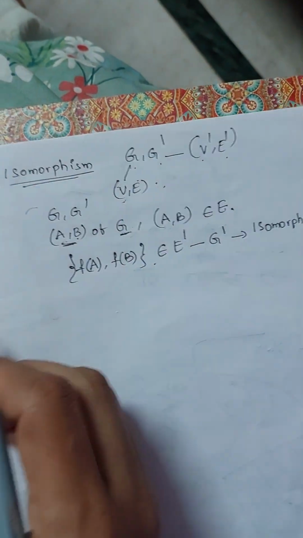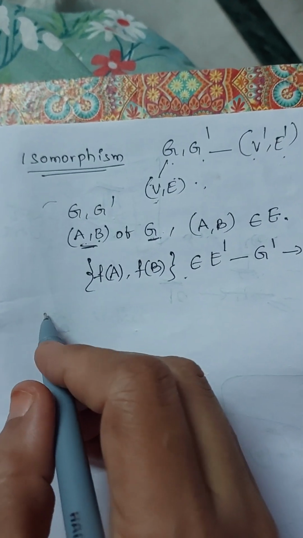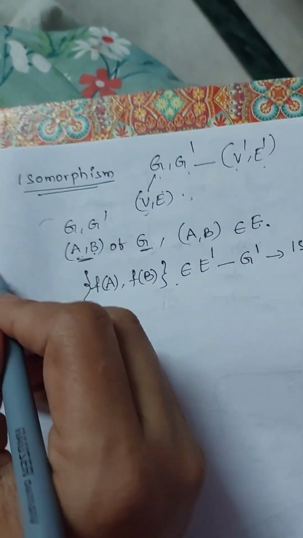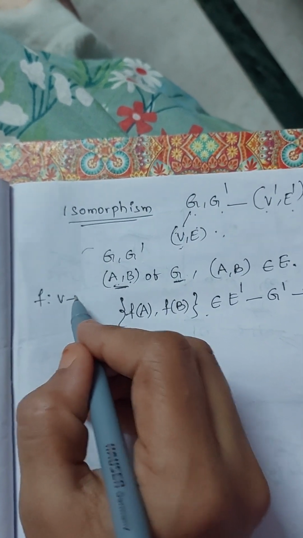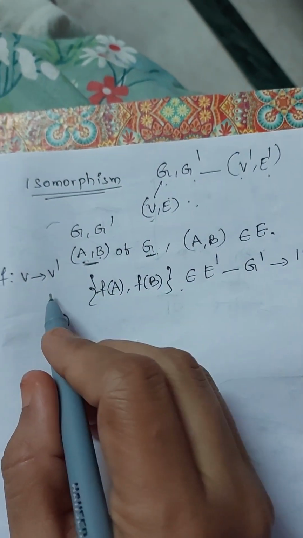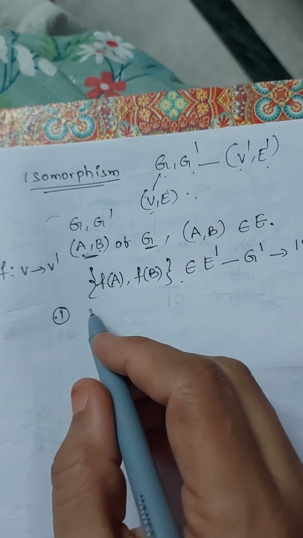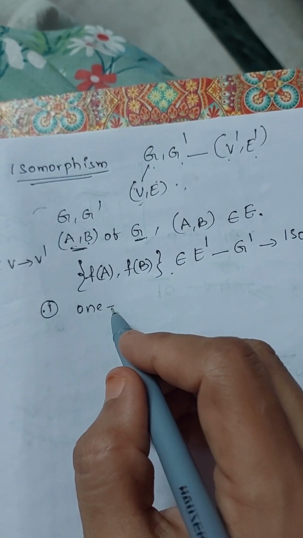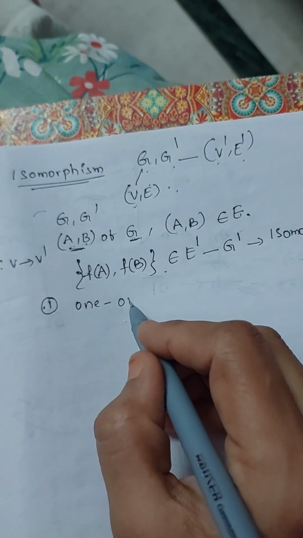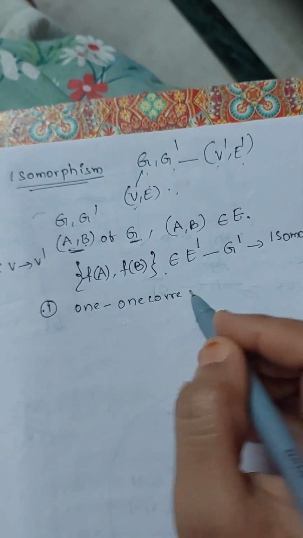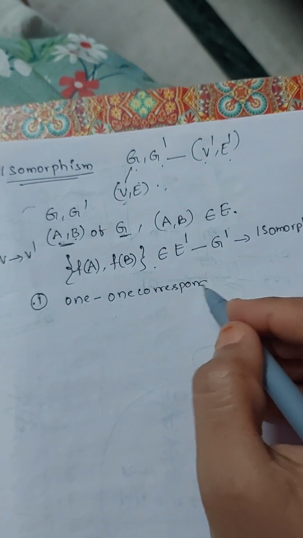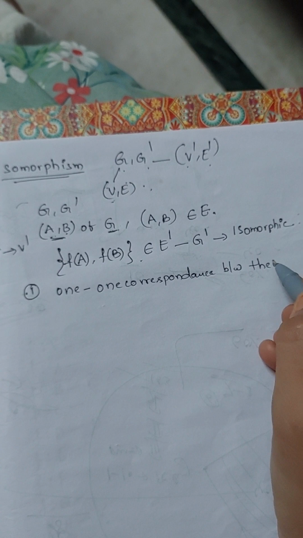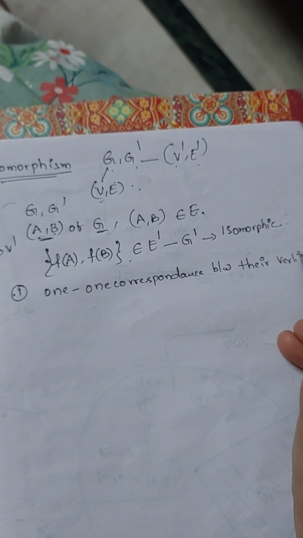So here we can have three important points. First point: if there is a function f from V to V dash, then it is known as an isomorphic graph. Here there is a function from V to V dash, so that is a 1-to-1 correspondence between their vertices and edges.